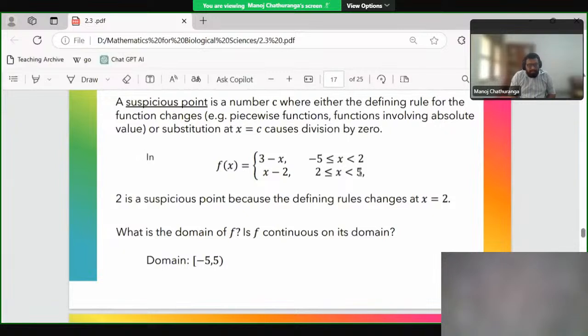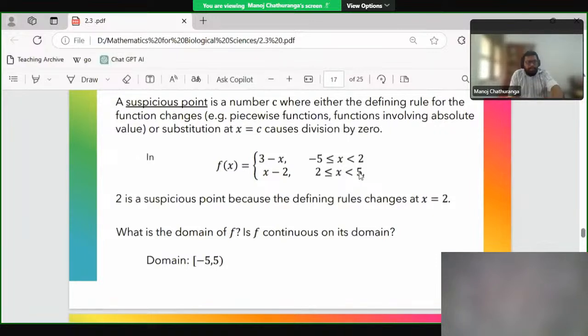The defining rule changes at x equals 2. Both pieces are linear functions, which are in particular polynomial functions. Therefore, both are continuous, except possibly at the point where they meet. These two line segments may have different left and right limits. If they do not meet exactly at a single point, then we have a problem.